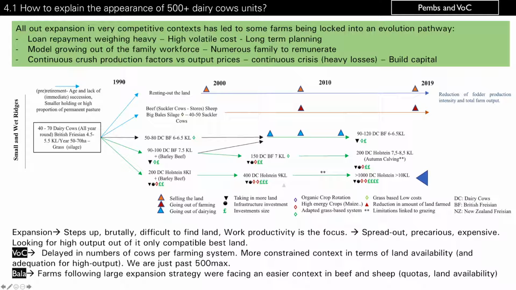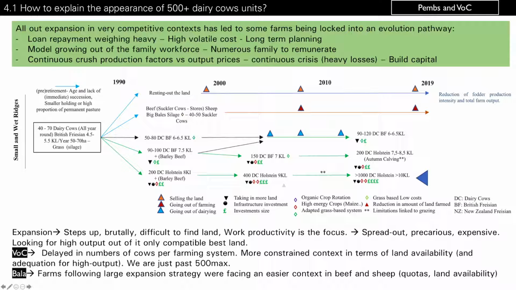So the first one, I think, is how do we explain the appearance of 500-plus dairy cow units in Wales? Obviously they are recognized as factory kind of farms by many, but we have to understand where they come from.